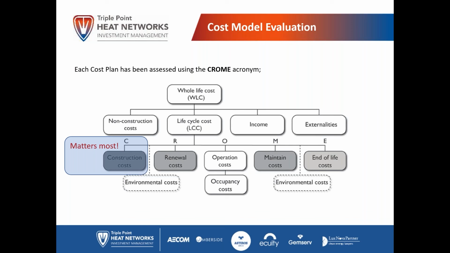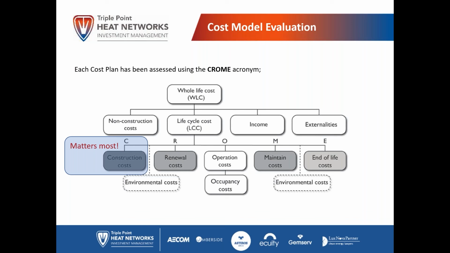These aren't trivial, and we see some diversity in these figures, and we like people to think about them properly. Now, in our cost model, the focus is entirely on the costs of construction. That's why it's got the life cycle cost piece.